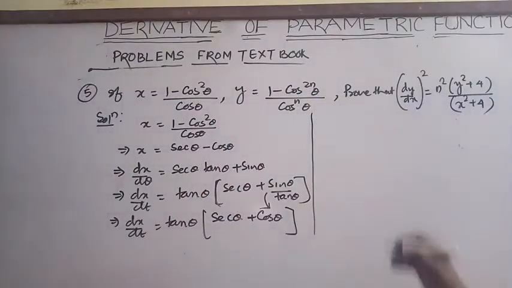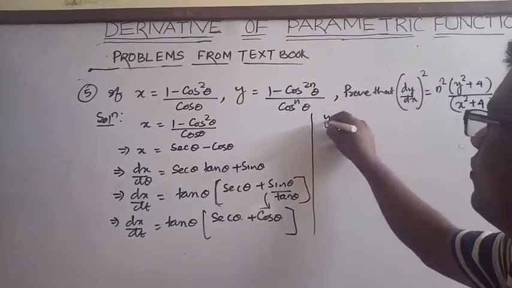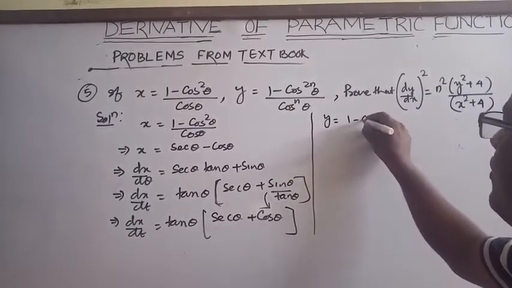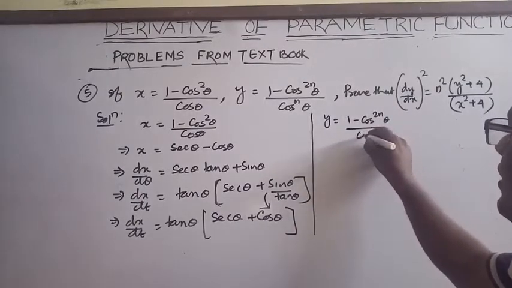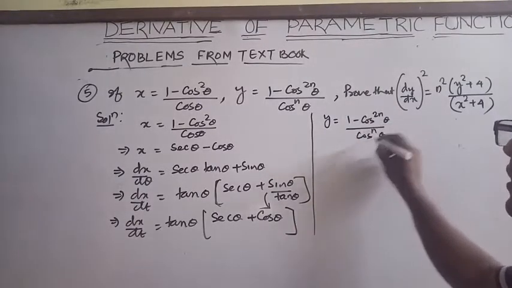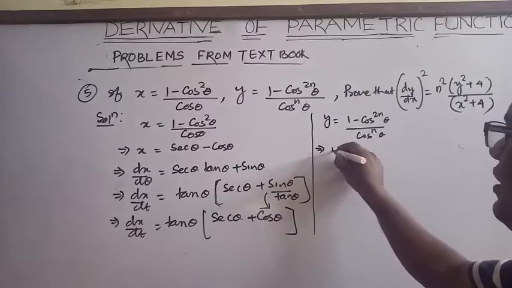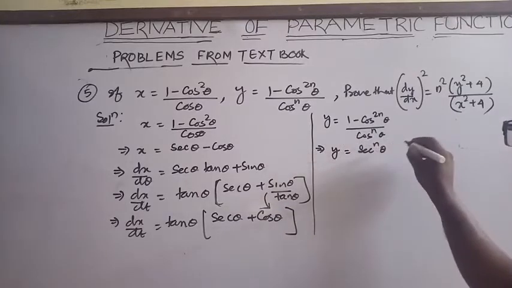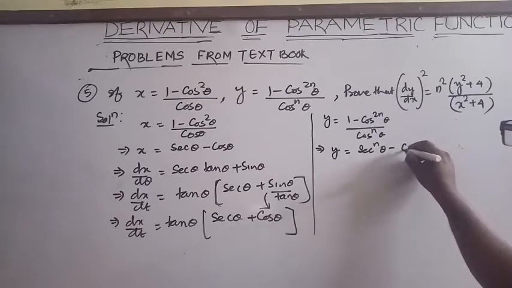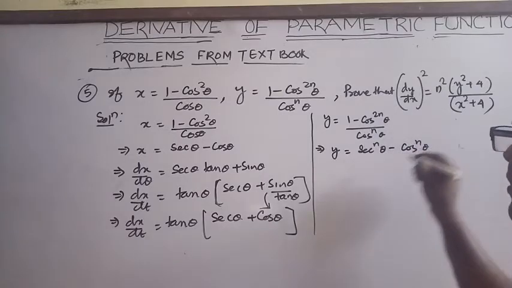y is equal to (1 minus cos 2n theta) by cos n theta. So separate, y is equal to sec n theta minus cos n theta. Clear?